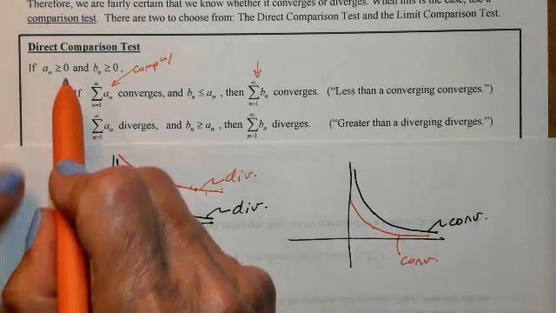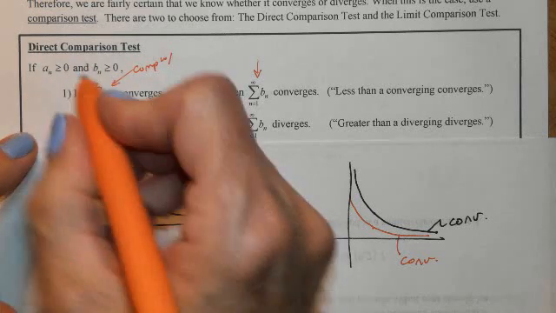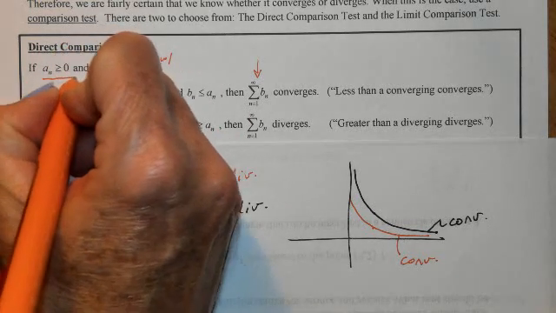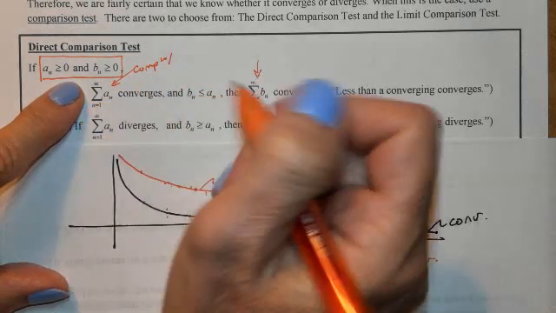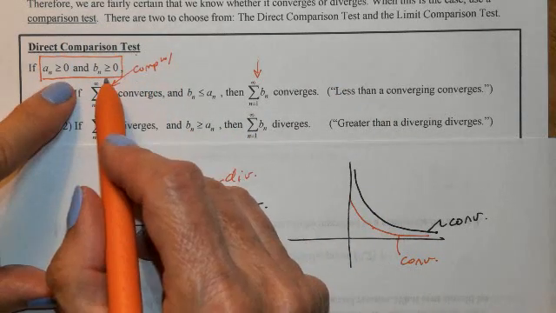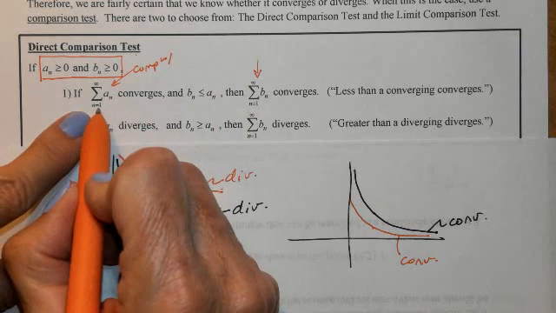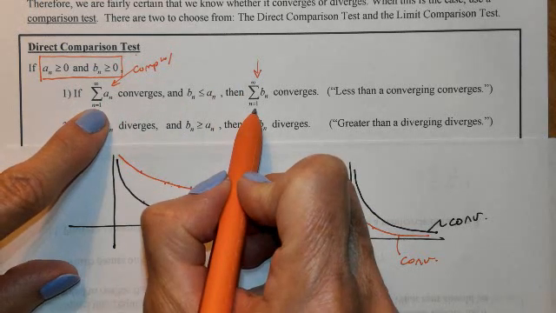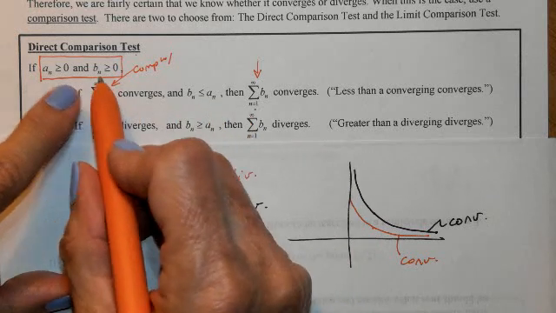Now, one thing up here, these are the conditions. Just like there are conditions for the integral test, you can only use a direct comparison test when all of the terms for these n values are positive or 0.